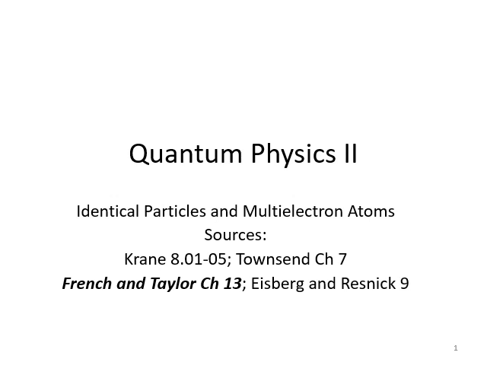The references for this segment of the course, I would say that Townsend is probably the best reference to start with at this level in the course. And if you are very interested in the consequences of identical particles, then reading on in the chapter that I've supplied to you out of the textbook by French and Taylor.